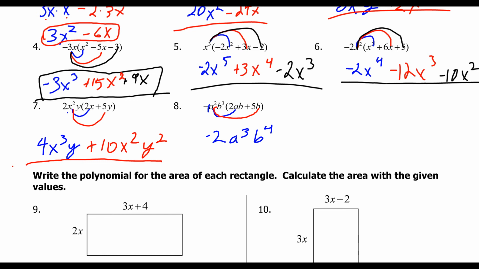And then we're going to do negative 1a squared b cubed times 5b, which is going to give us negative 5. I got that by doing negative 1 times 5. And then a squared times nothing is still going to be a squared. And then b cubed times b is b to the 4th. And there it is. That's your answer.